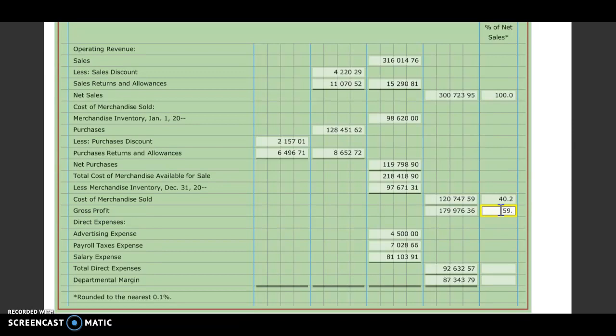We should get 59.8. Direct expenses divided by net sales. 30.8. And last one, our departmental margin divided by net sales. And that comes to 29.0%.